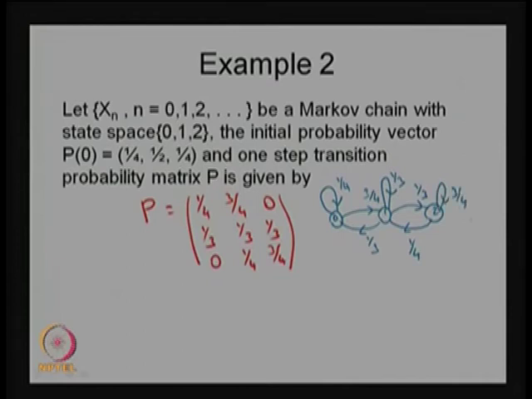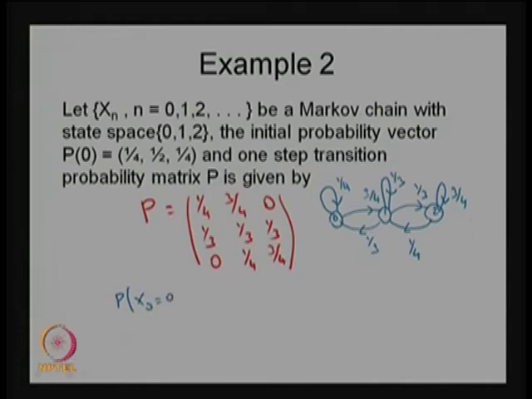This diagram is very important to study the further properties of the states. Therefore, we are drawing the state transition diagram for the discrete time Markov chain. So, this is the 1 step transition probability matrix, and this is the state transition diagram.